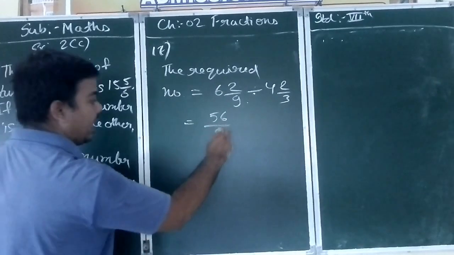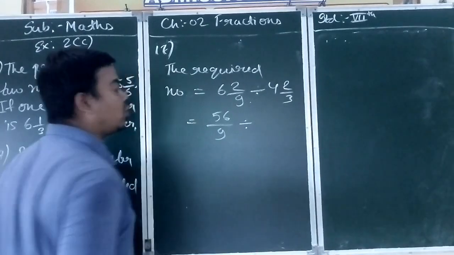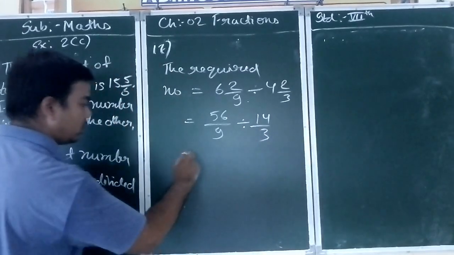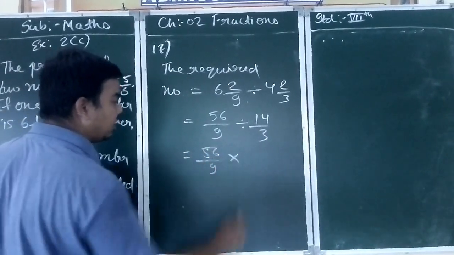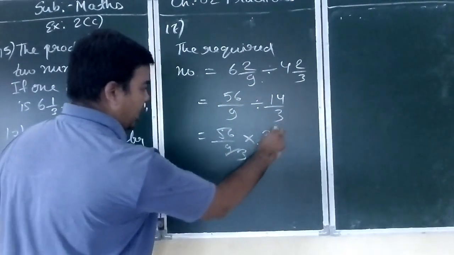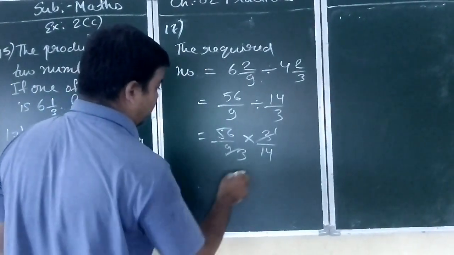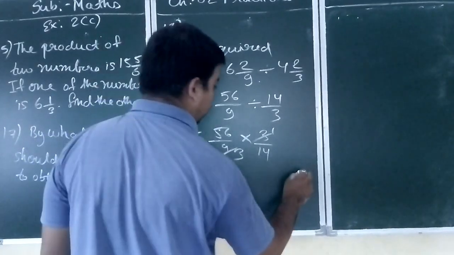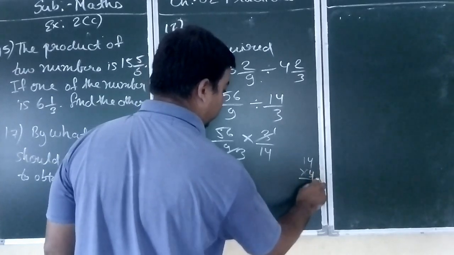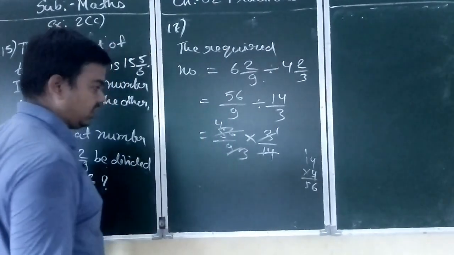Okay, mixed fraction changes into improper fraction. 56 by 9. Divide sign change. 4 times 3 is 12, plus 2, 14 by 3. 56 by 9, divide sign changes into multiplication. So 3 by 14. 3 into 9 is 3, and 14 into 56 is 4.